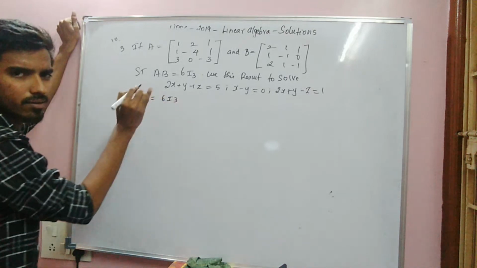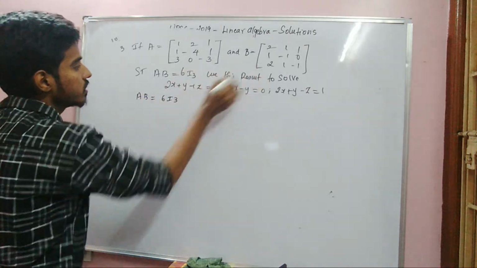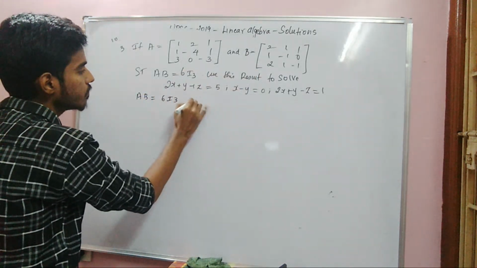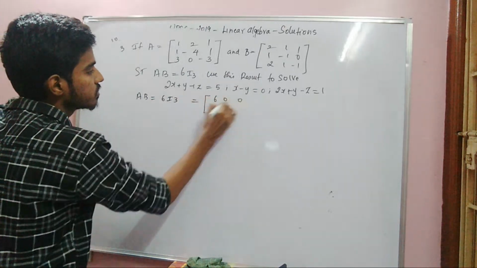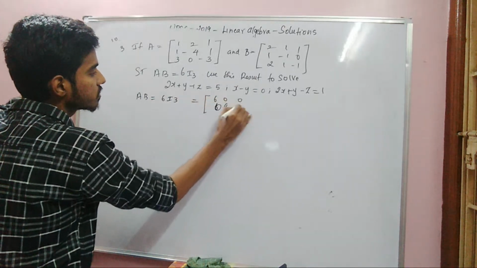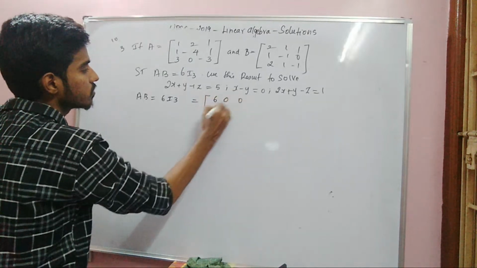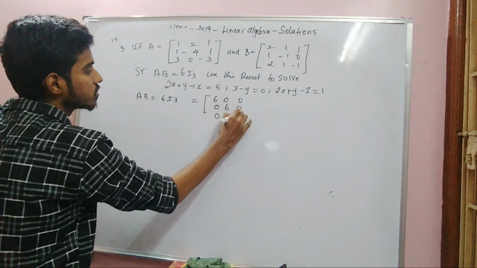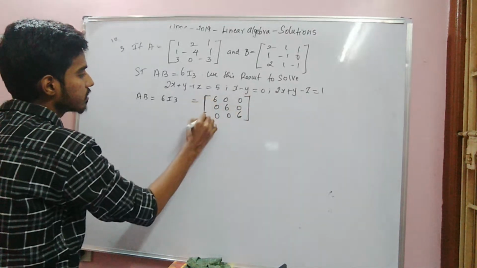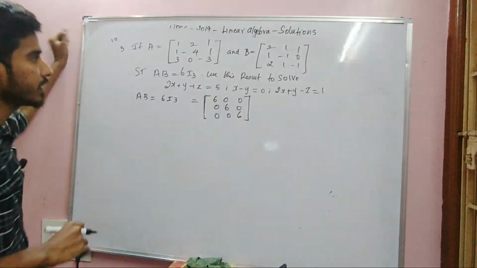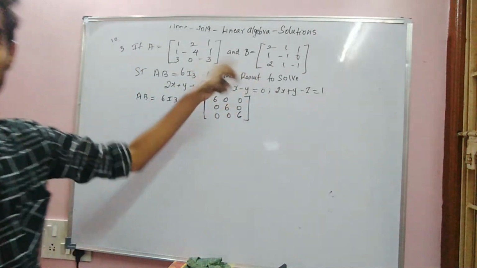You can take this as an exercise, right? You need to multiply these two matrices. When you multiply AB, you will get 6 0 0, 0 6 0, 0 0 6 as the answer. You just have to do normal multiplication.